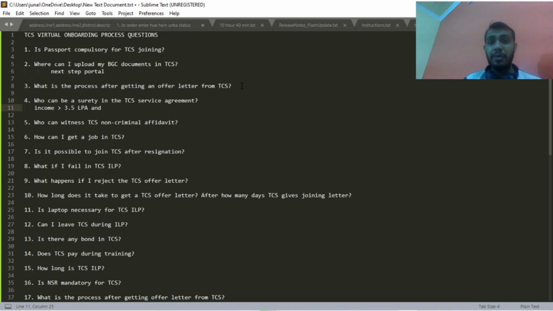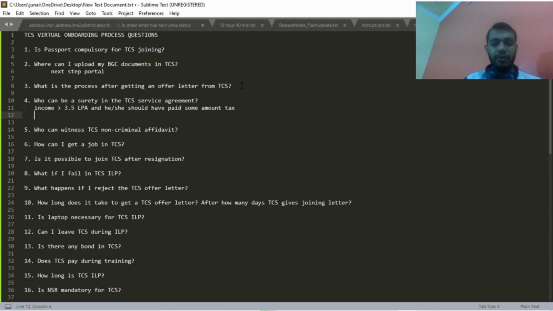The basic primary condition is that he or she should have paid some amount of tax. It can be rupees 1, 2, or anything, but he or she should have paid some tax, then he or she can be a surety.